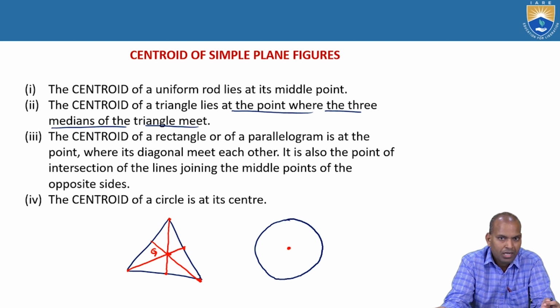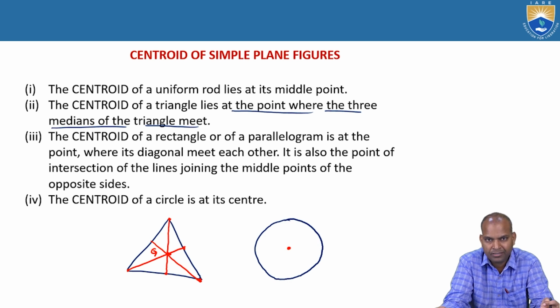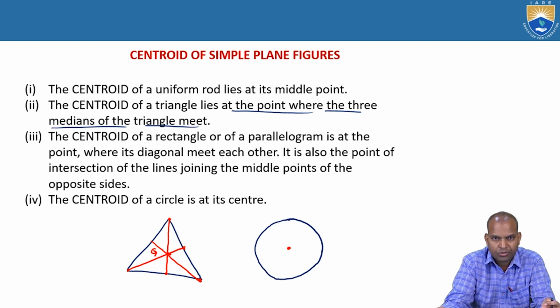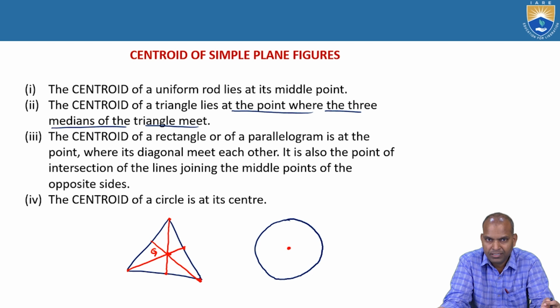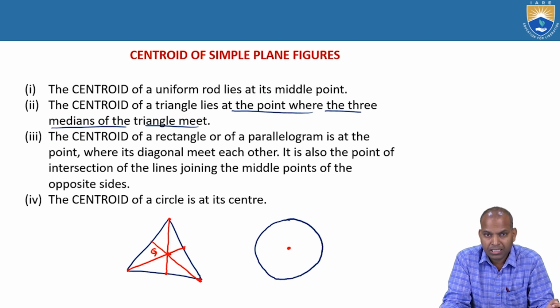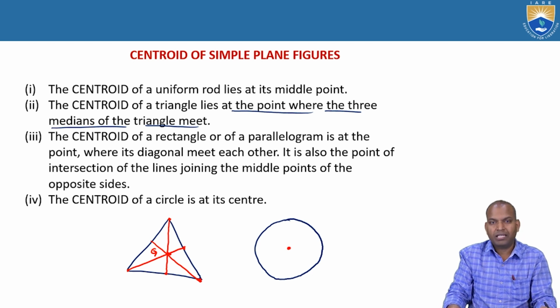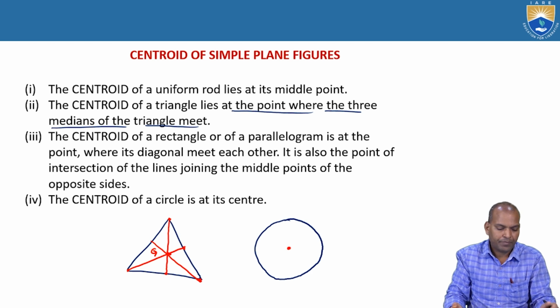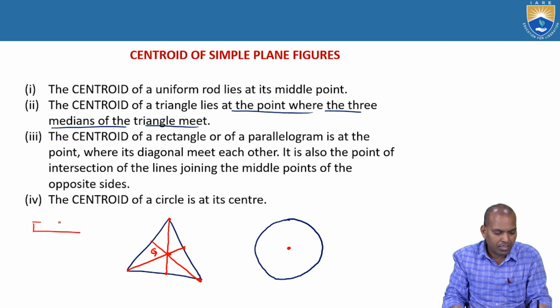sections. Here it is simple, single geometry, simple figures: rectangle, triangle, or square, parallelogram, we considered here. Suppose the cross section of a beam can be a T section or an I section.